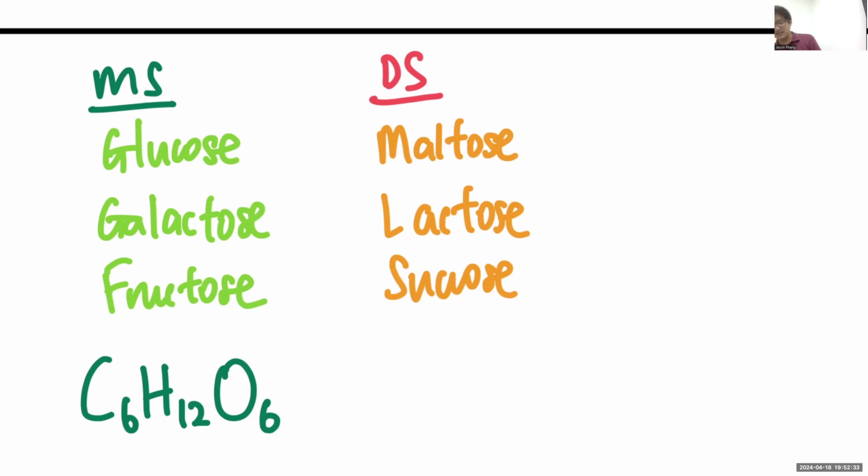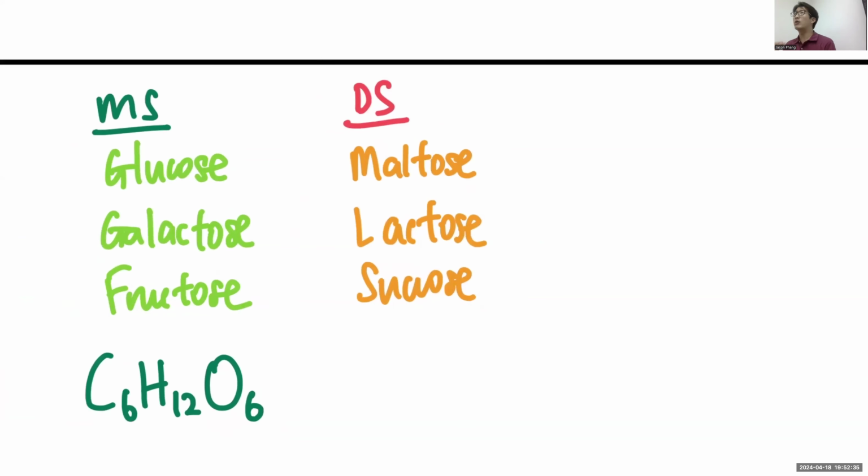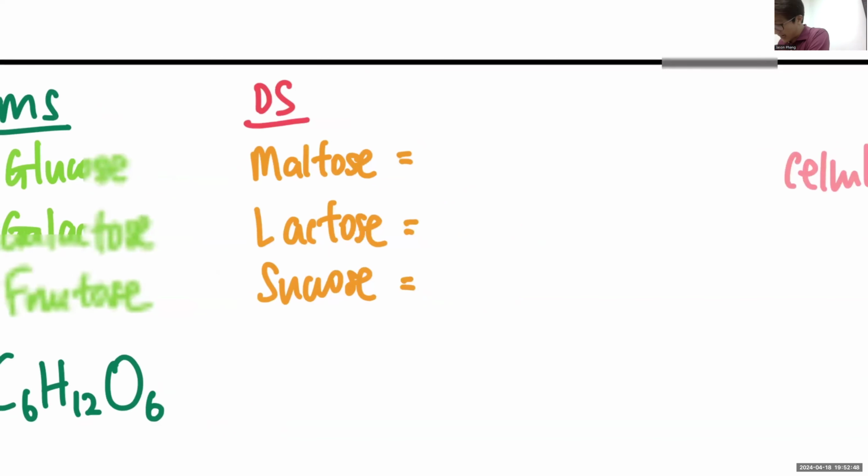Okay, so why did I write it in this fashion? All our disaccharides are made up of monosaccharides. Wow, then how? I need to remember so many things. What plus what gives me this? Let me try right now. Okay, don't write first. You can just follow me along first. I'll give you time to write.